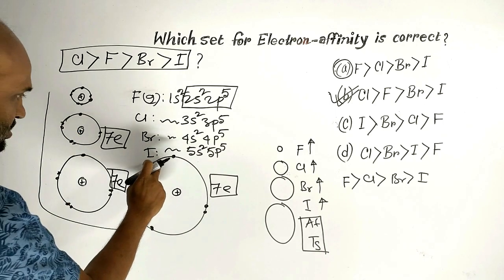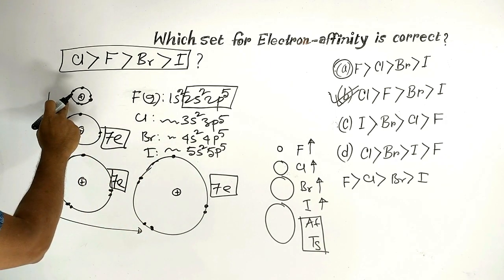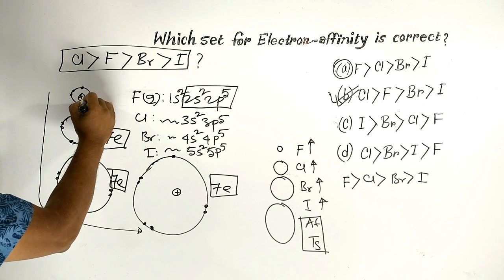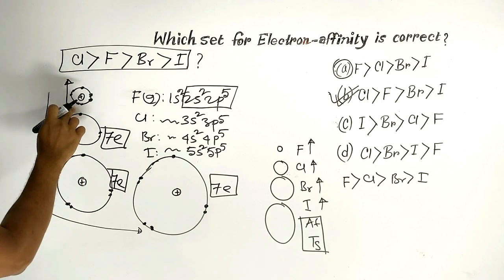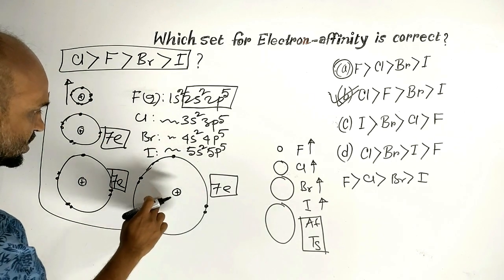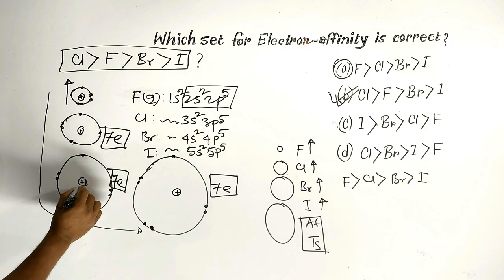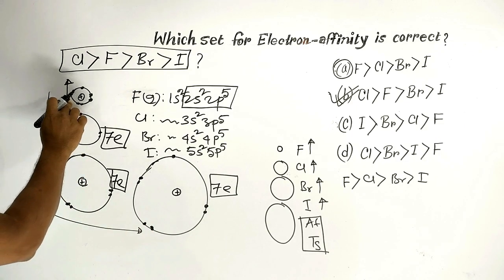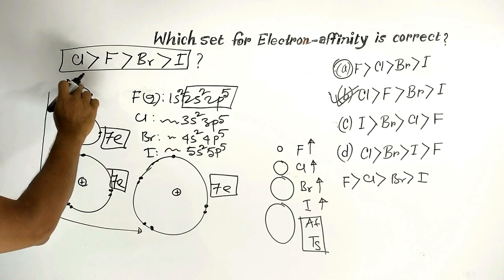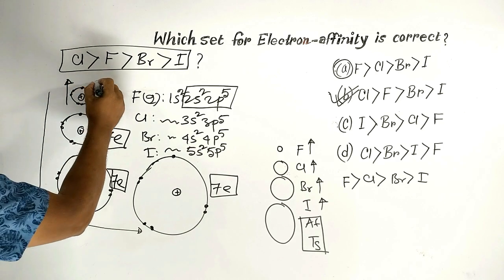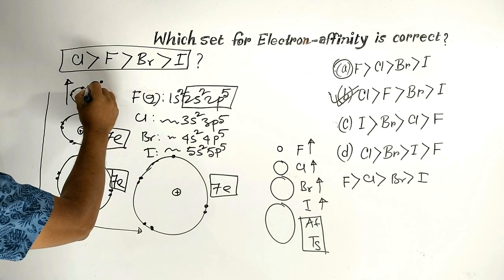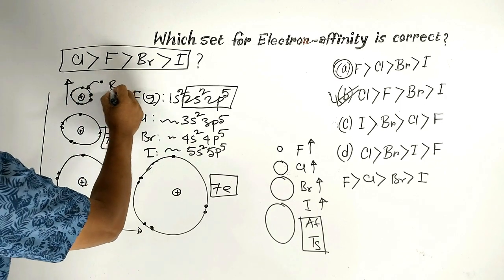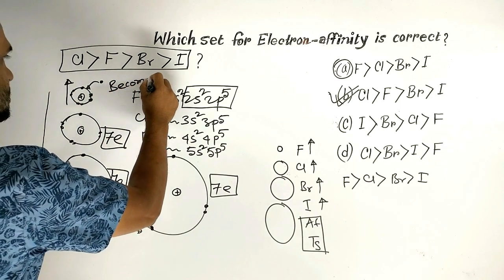Now we see that in the case of fluorine, the concentration of electrons in the outermost shell is very high because it is smaller in size, and here the concentration is less, and then here less. In the case of fluorine, the concentration of electrons in the outermost shell is very high, and for this reason addition of another electron becomes tough.